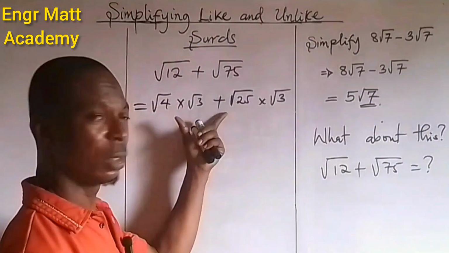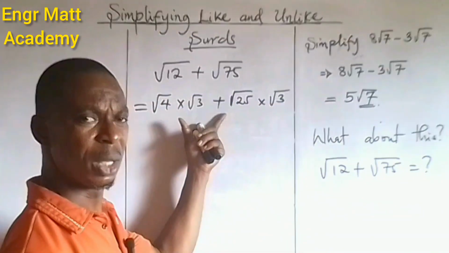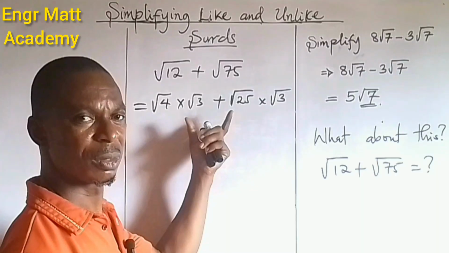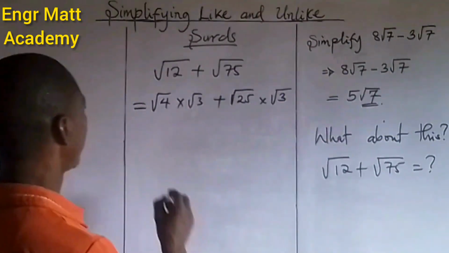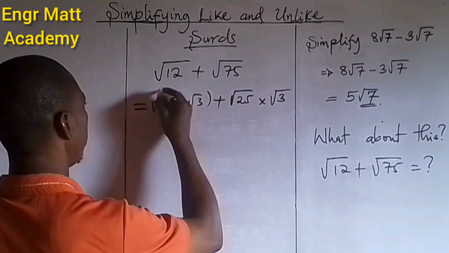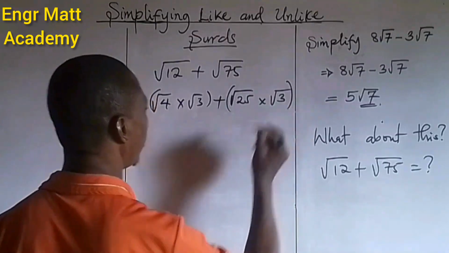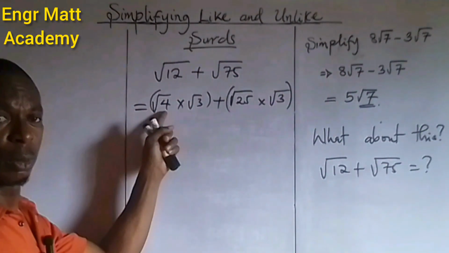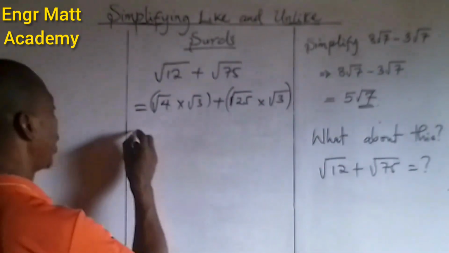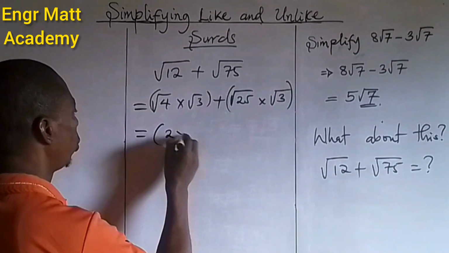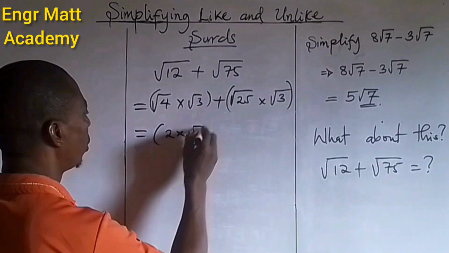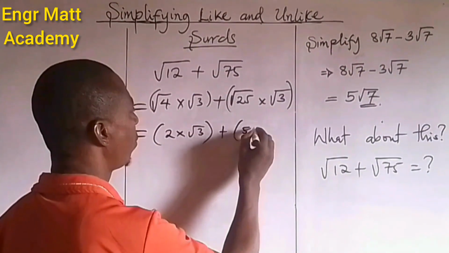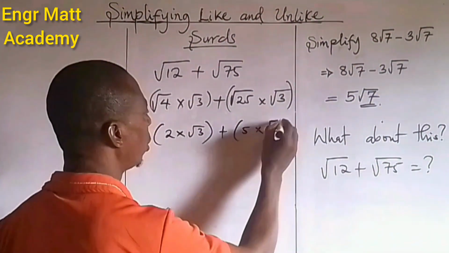If you don't know how we got this, try and watch lesson 2. Here we break down simplifying of surds. So let's continue. At this point, we need to group them together. Next, we simplify further. What is the square root of 4? That will give us 2 times root 3 plus square root of 25 is 5 times root 3.